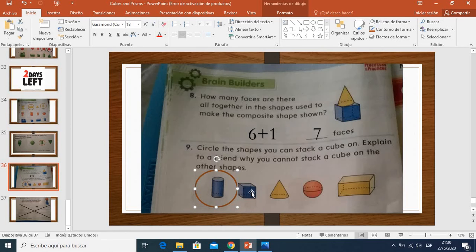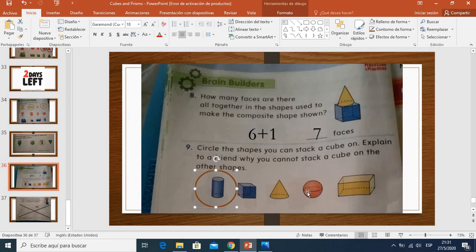Now let's think. Can I stack a cube on a cone? No, right? We cannot do it. What will happen? The cone doesn't resist the weight of the cube. What is going to happen to the cube if I put it on top of the cone? It's going to fall, exactly. So I cannot stack a cube on a cone.